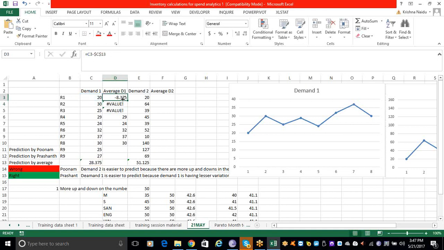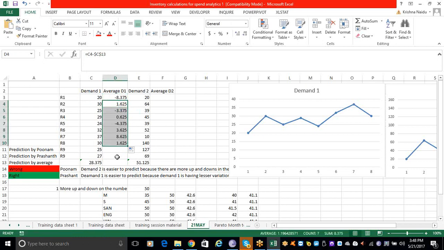So if I drag this formula, in the previous case it is C3 minus C13, in the next case it is C4 minus C13. So C4 is not locked, but C13 is locked. We are subtracting the average from each number, so we drag the formula like this.